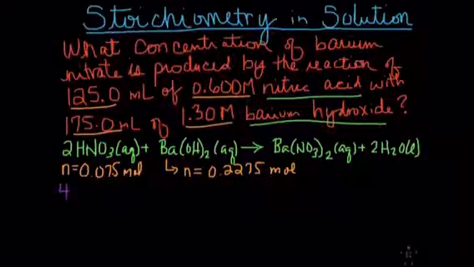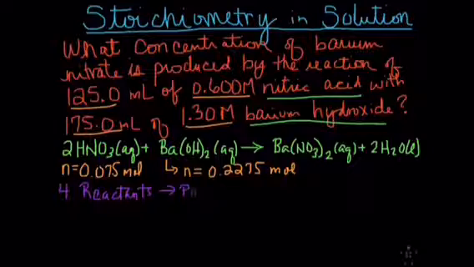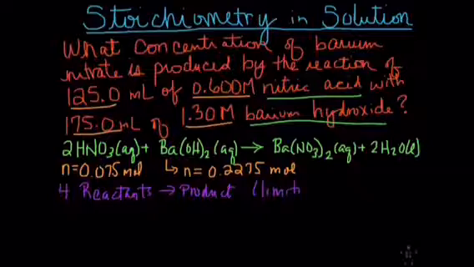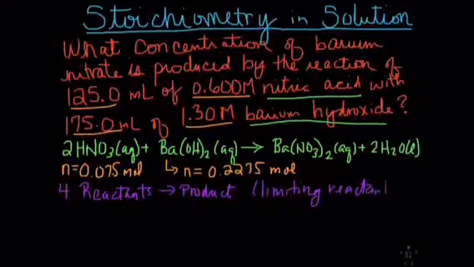So step 4 is to take the amount of reactants we have and convert this to amount of product in this problem. But we need to know in this case which of these two reactants is what we call our limiting reactant. There's a variety of ways to figure this out.